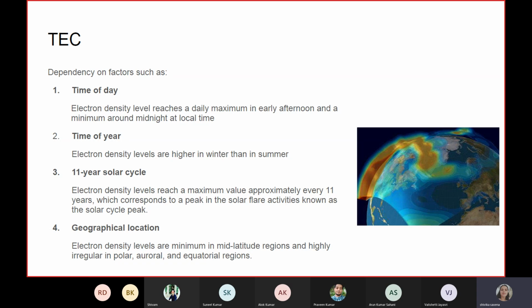It also depends on the geographical location where we are measuring the total electron count. As we saw, the Appleton anomaly gives highly irregular and large amounts of total electron density levels at the equatorial region. Minimum will happen at the mid latitude regions.